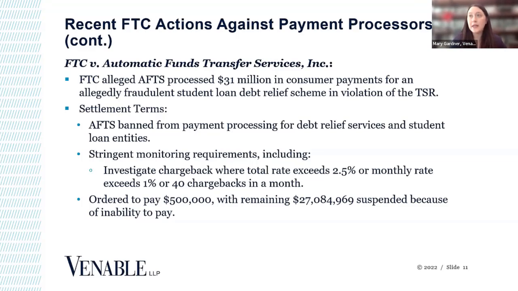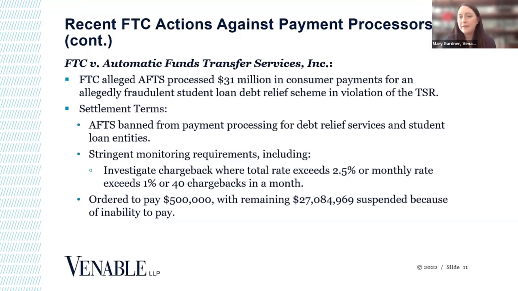And the FTC alleged that Automatic processed consumer payments for what they alleged was a fraudulent student loan debt relief scheme, and that was the violation of the TSR, including the TSR's advance fee provision. The red flags, it's kind of a textbook list of the red flags that the FTC tends to focus on.